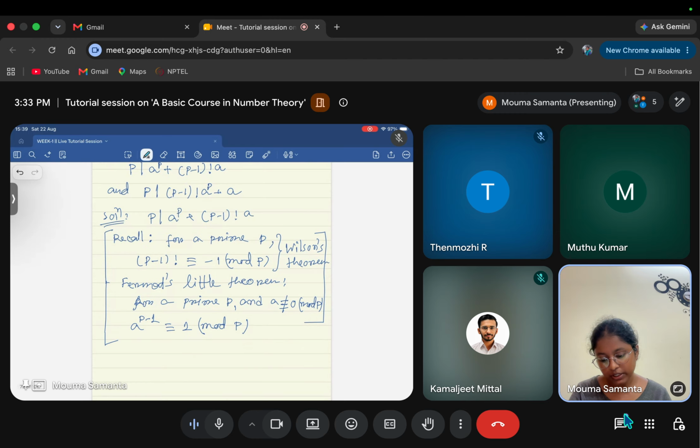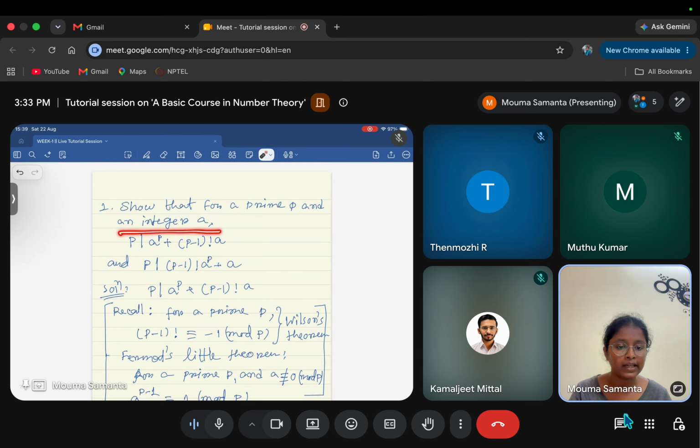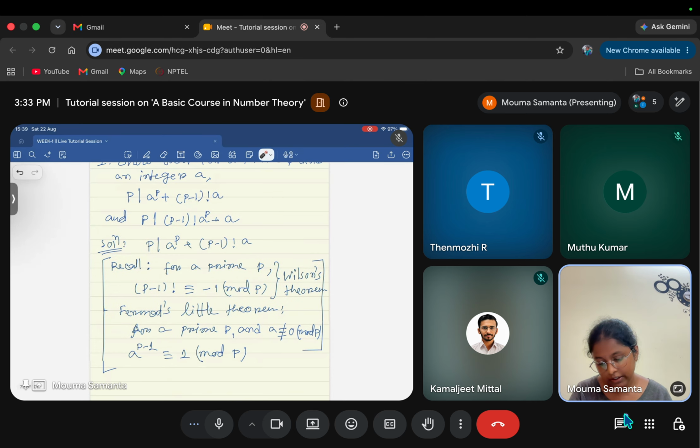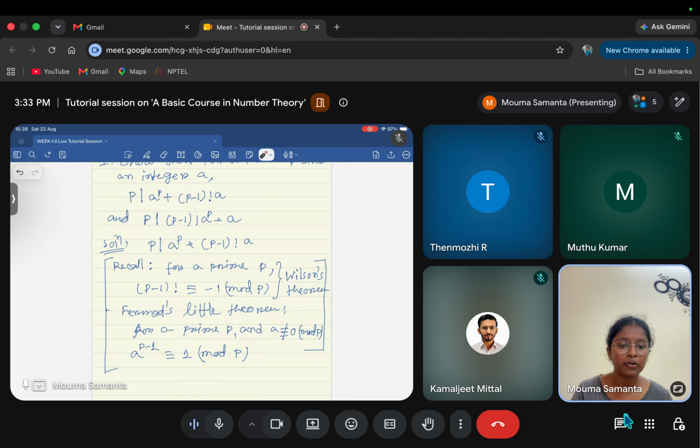So to show this statement, no condition on a is given in this question. Now if you first take a congruent to 0 mod p, that means p divides a.